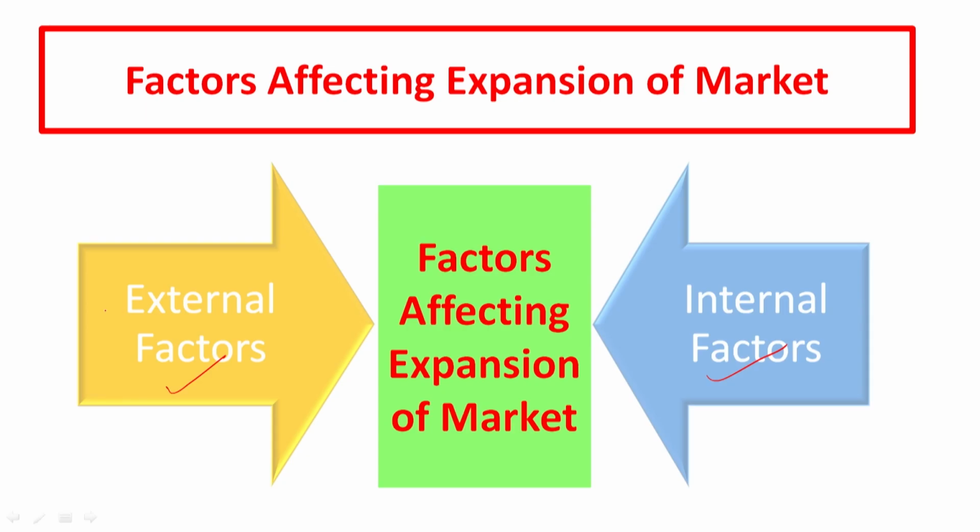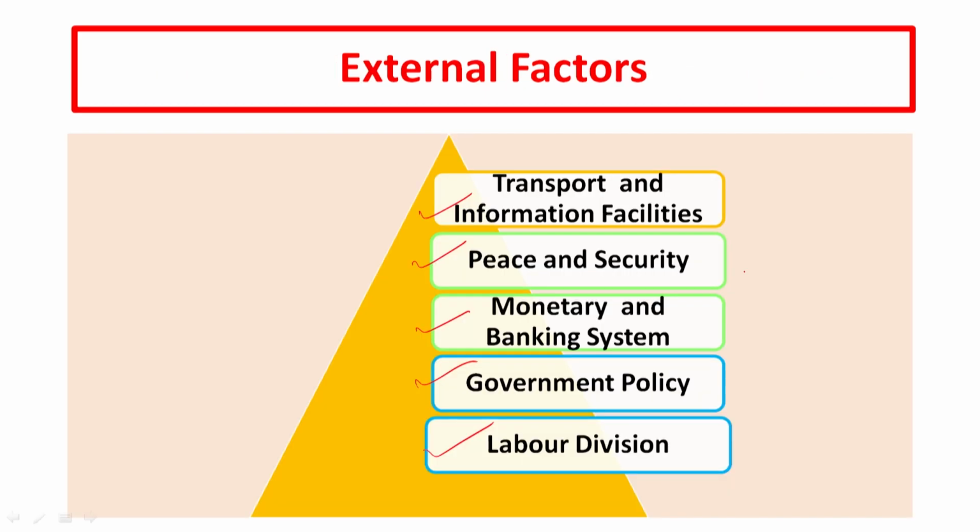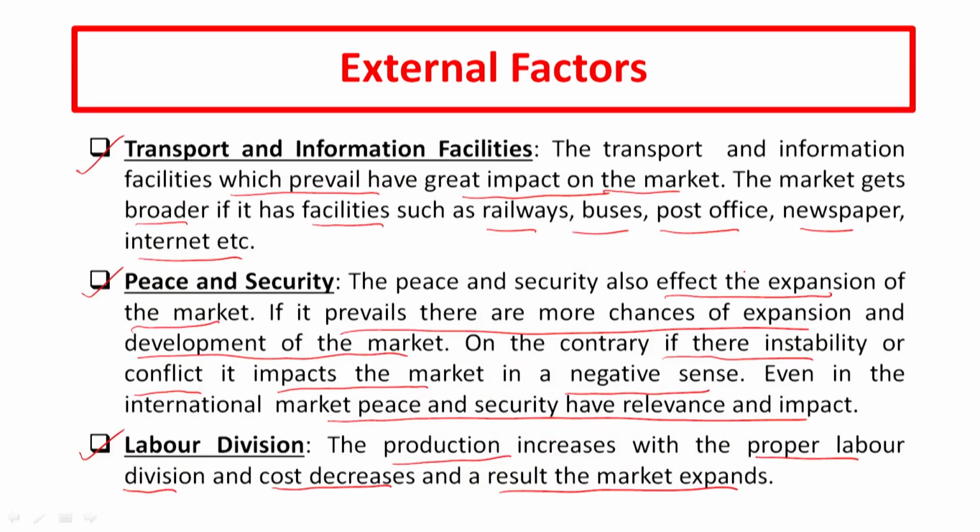We have talked about external factors as well as internal factors. We have talked about all these 5 factors: transport and information facilities, peace and security, monetary and banking system, government policy and labor division. These external factors are not in the control of the respective firms or the market.